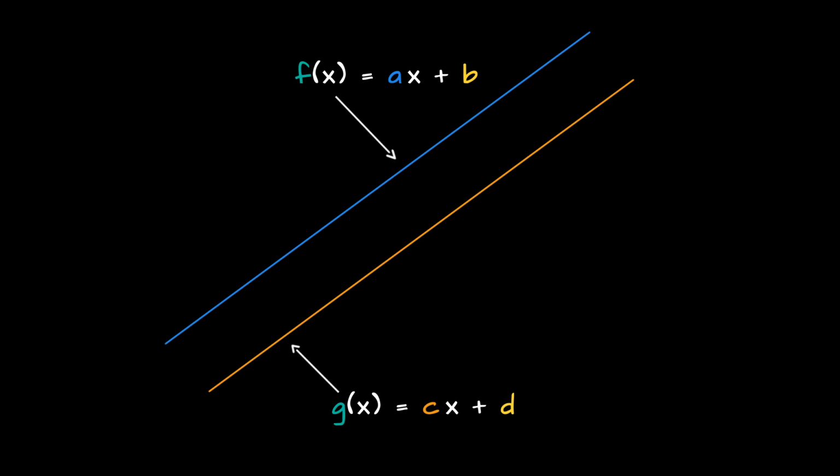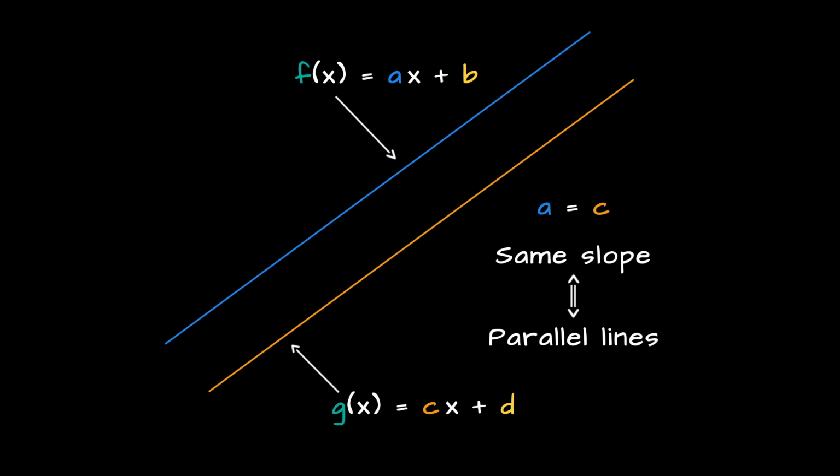If 2 linear functions, ax plus b and cx plus d, happen to be parallel to one another, meaning that their graphs don't intersect, then it must be the case that their slopes are equal. And conversely, if their slopes are equal, then their graphs must also be parallel. So you can tell whether 2 linear functions are parallel to one another just by checking to see whether they have the same slope.